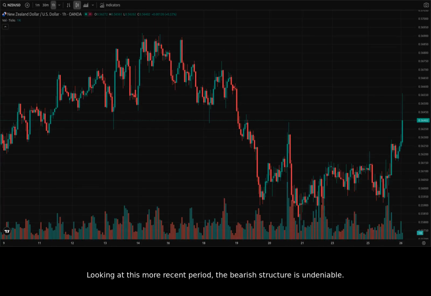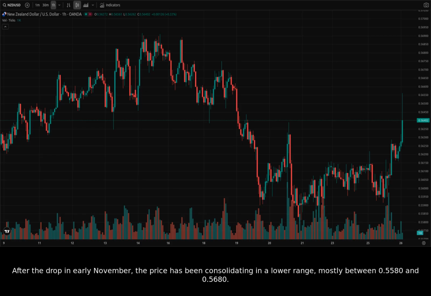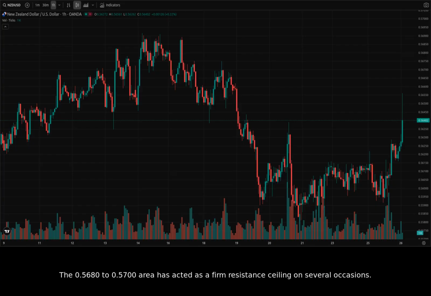Looking at this more recent period, the bearish structure is undeniable. After the drop in early November, the price has been consolidating in a lower range, mostly between 0.5580 and 0.5680. The 0.5680 to 0.5700 area has acted as a firm resistance ceiling on several occasions.